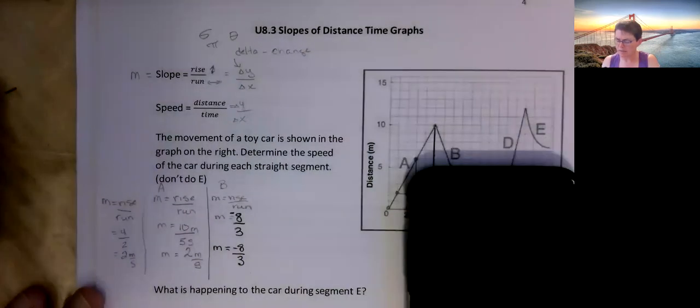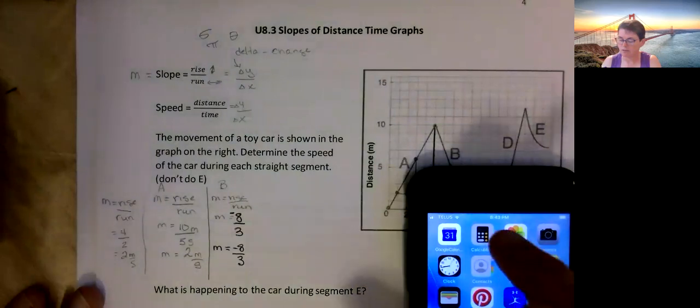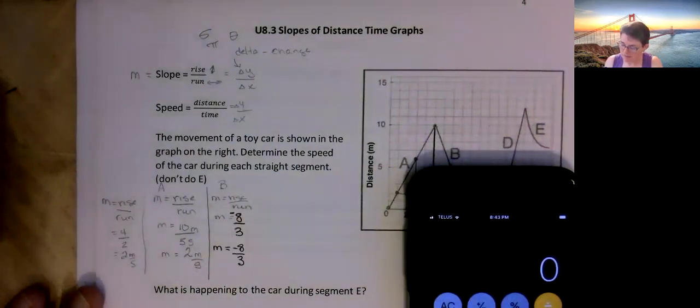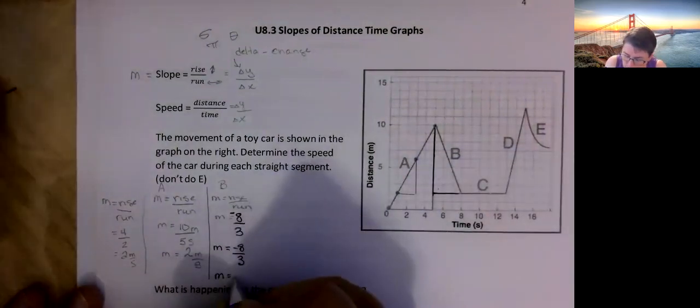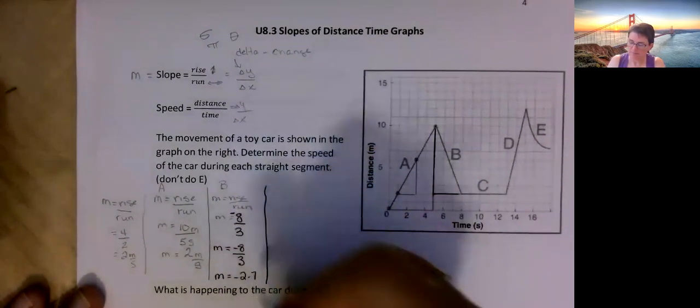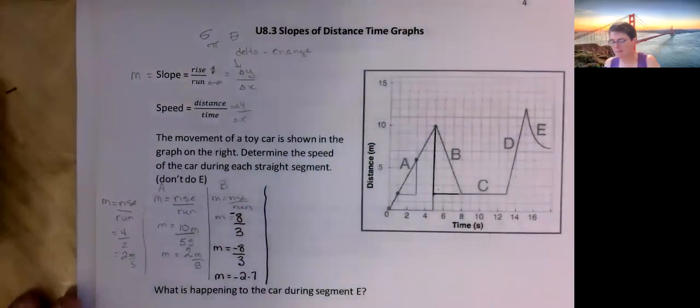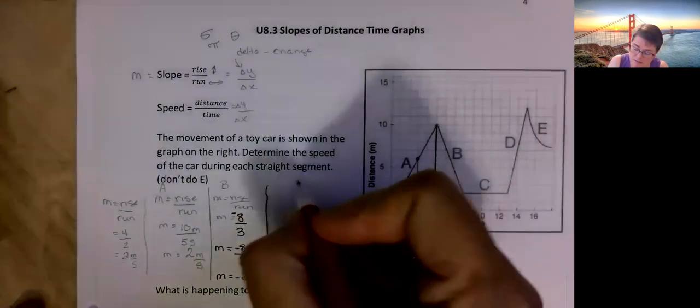Most of the time you can leave slopes as fractions, but we can do m is equal to negative 2.7. Take a look at C. C causes some grief.